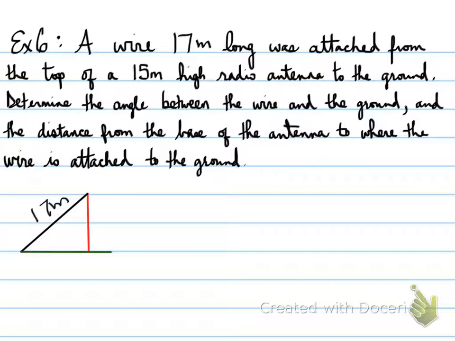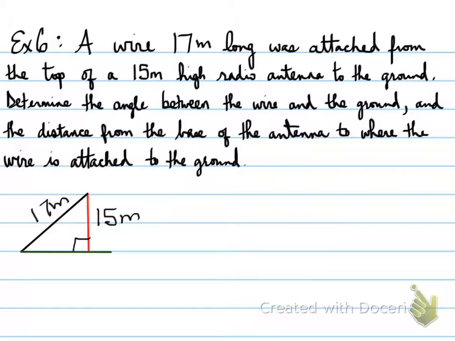And we do know from the top of a 15-meter high radio tower, you know that it's a right angle. Every tower to the ground should be assumed, or can be assumed, one of the few things, that it's definitely 90 degrees. And we need to find the angle between the wire and the ground.